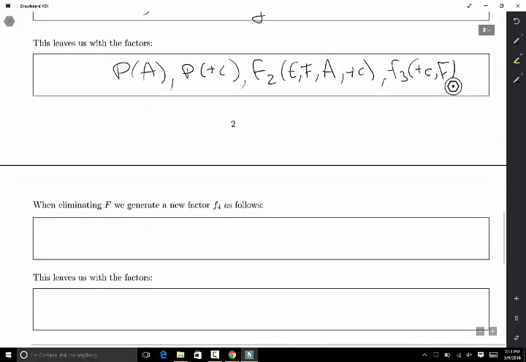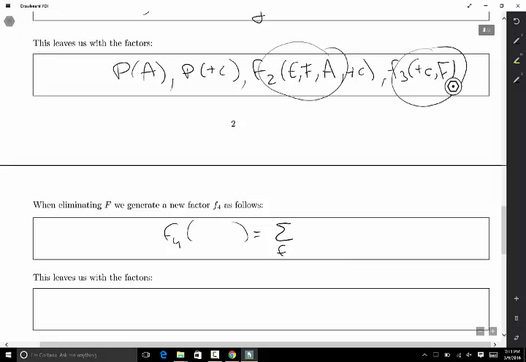Now I want to eliminate f, so again we have factor f4 of some inputs is equal to the sum over the values of f of all the factors that include f. So that's f2 and f3: f2 of e, little f, a, plus c, times f3 of plus c and little f.